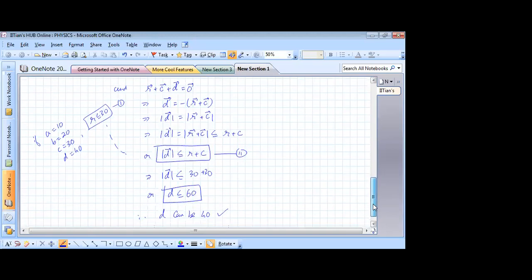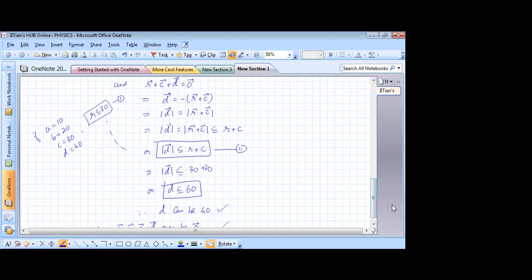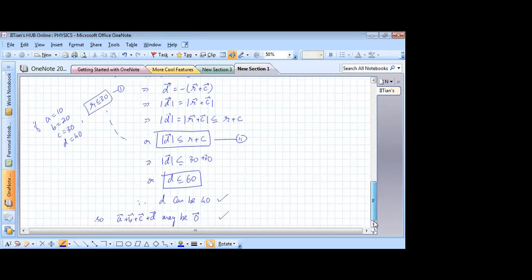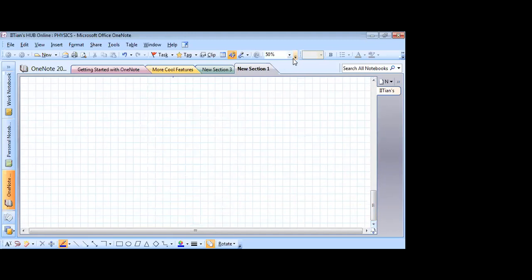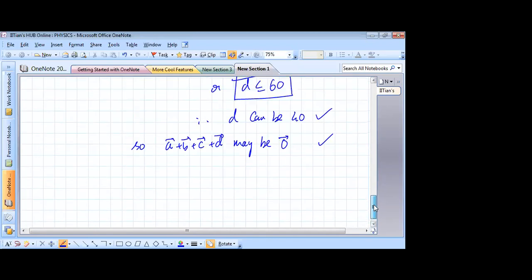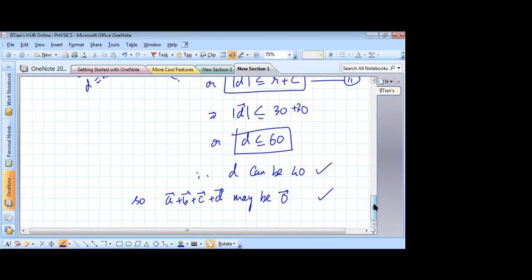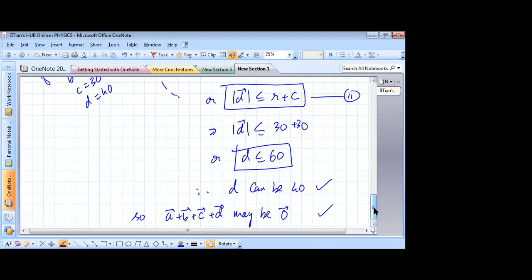Okay, so now let's try to understand this question geometrically. First of all, make sure this solution is clear to all of you.